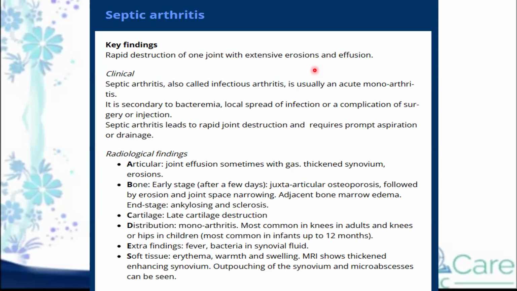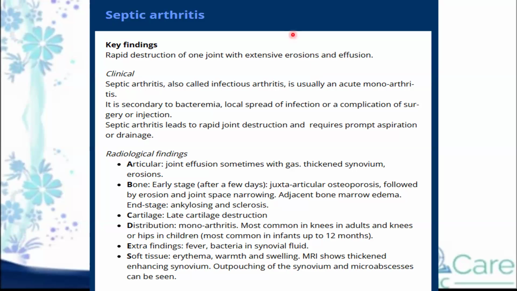It occurs secondary to some infection, some bacteremia or a local source, like a wound that has spread. There's very rapid joint destruction, in the sense that the bone gets destroyed or eroded overnight if you don't start antibiotics immediately.